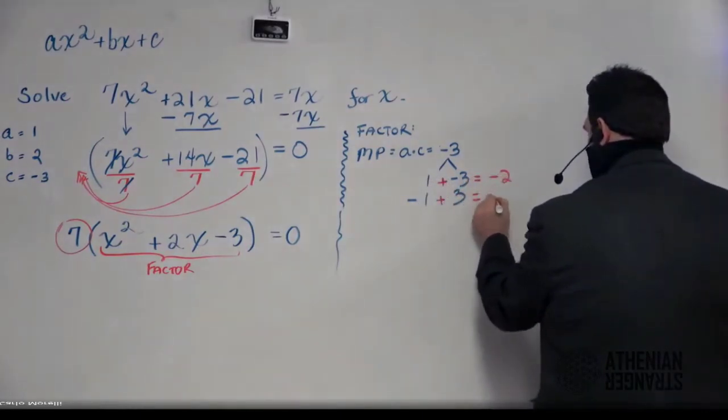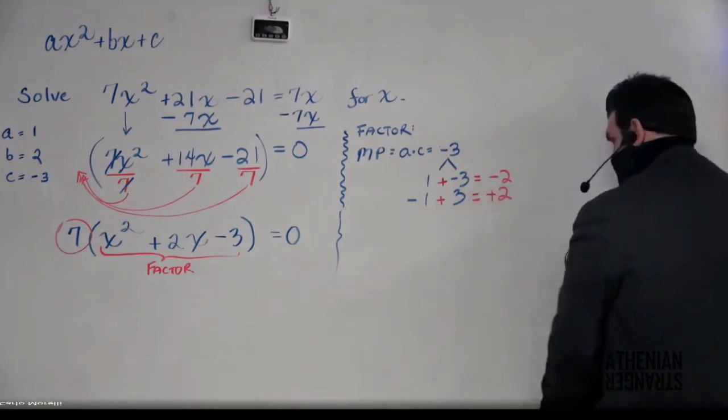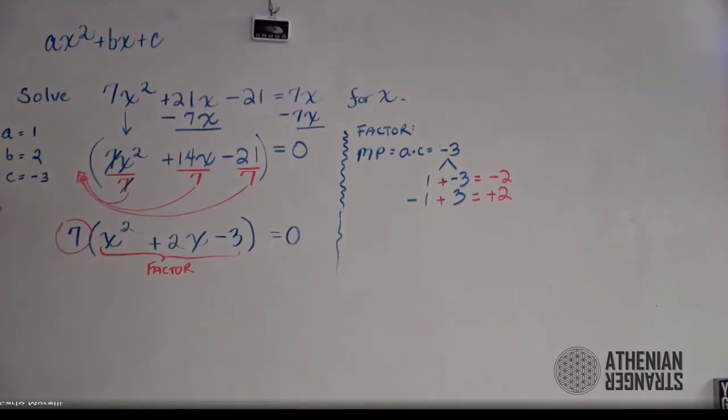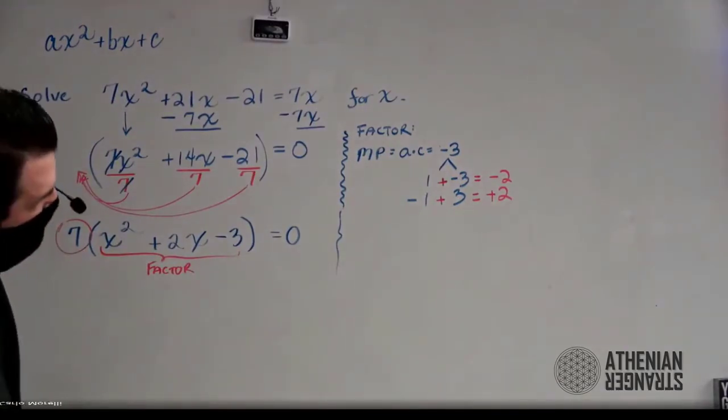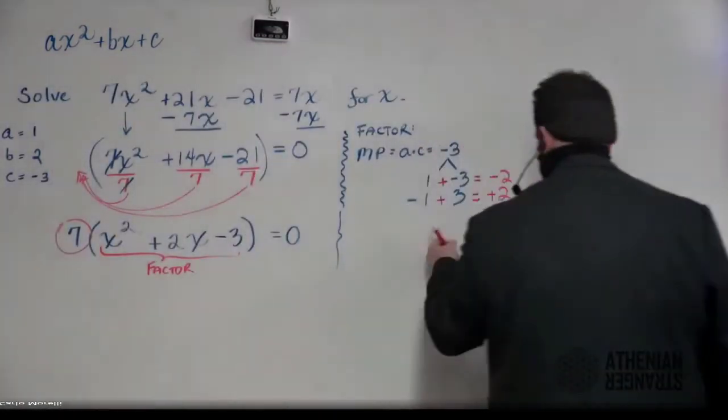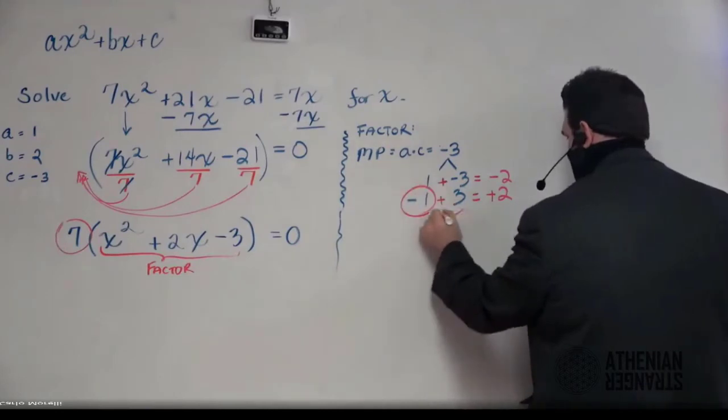Negative 2 and positive 2. I'm looking to see if I have a factor pair that the sum is B and B is 2. Okay, B is 2. Well, that would be these over here, wouldn't it? Negative 1 and positive 3.